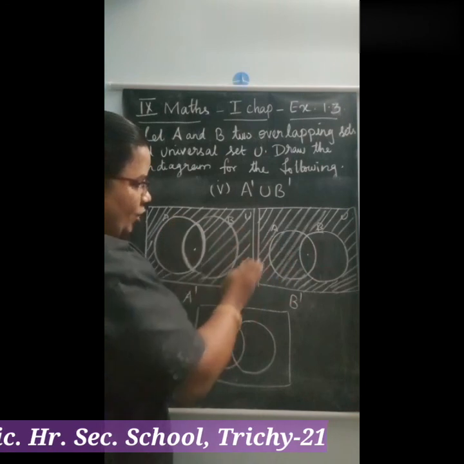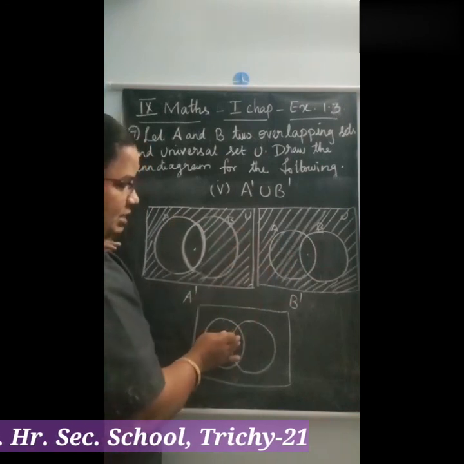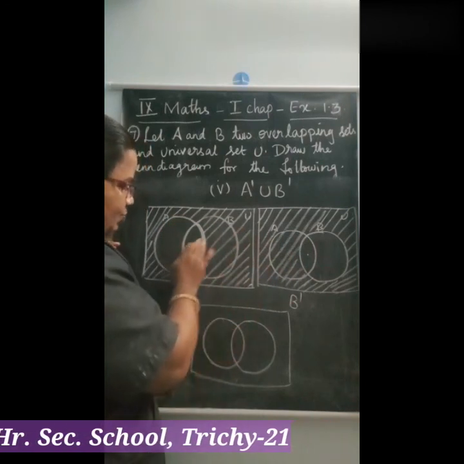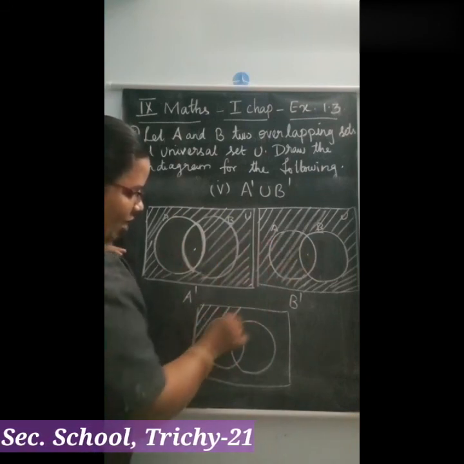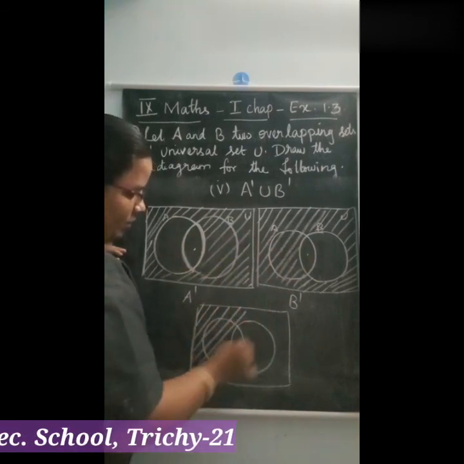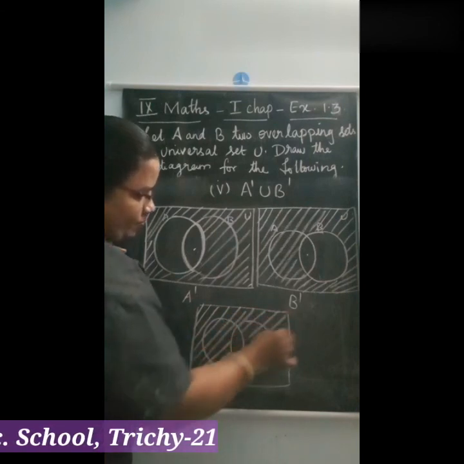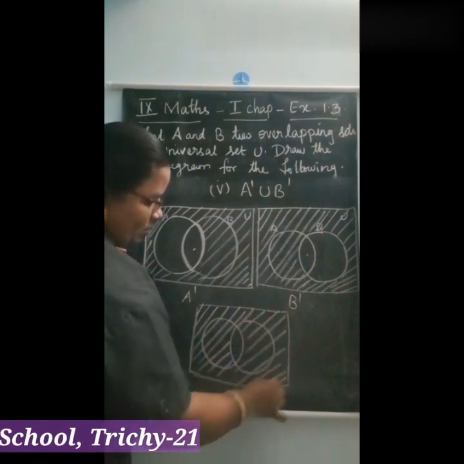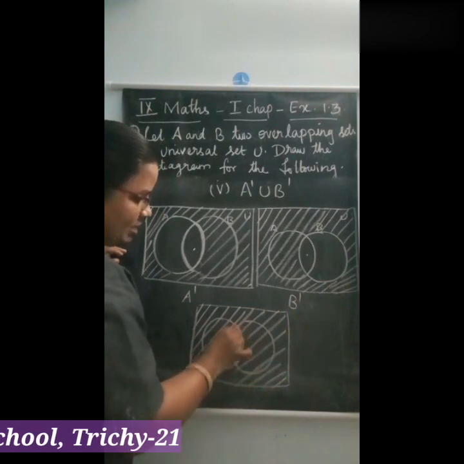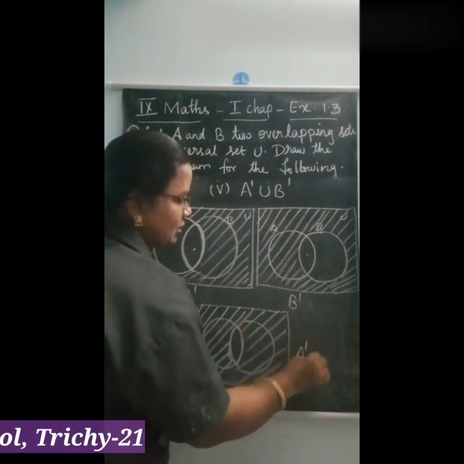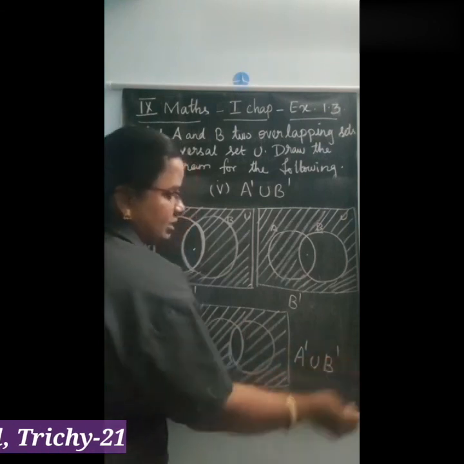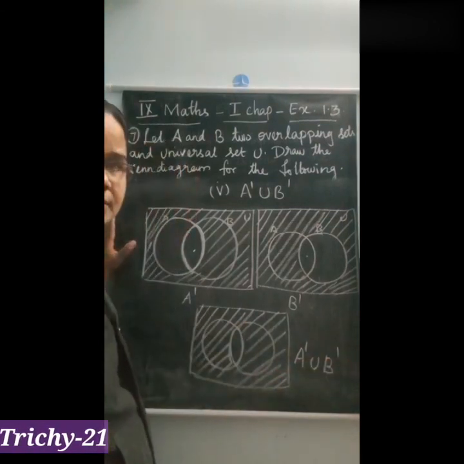You have to combine all of them except this common part, which is not shaded in both sets. So except that common part, you have to shade like this. Don't shade this common part. So this is A dash union B dash. Can you understand, students?